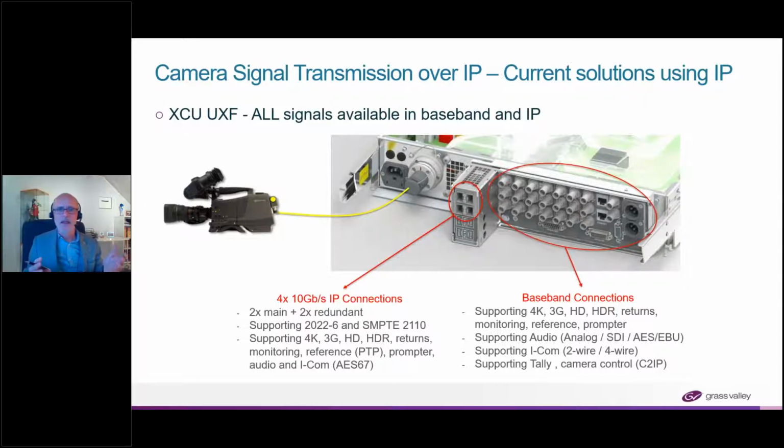It can also support 12 gig SDI redundant interfaces. So this IP bay can be equipped depending on the requirements. Everything up to single speed UHD, even fully redundant and fully uncompressed, will be supported over the IP connectivity. But at the same time, all the baseband connectivity is available.